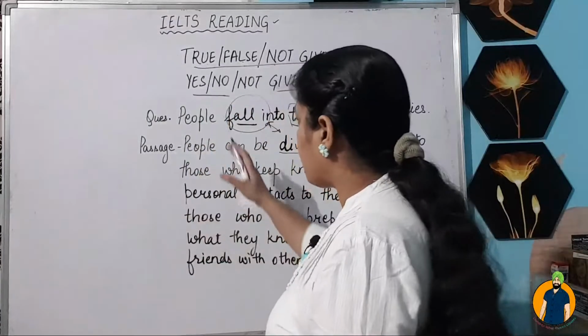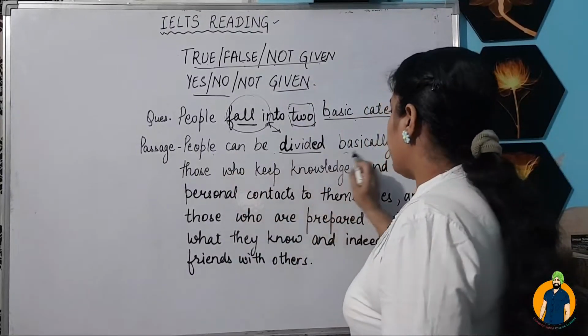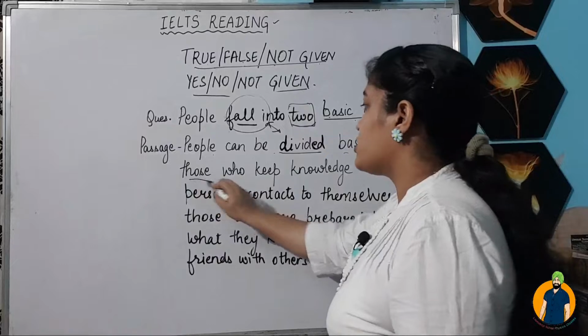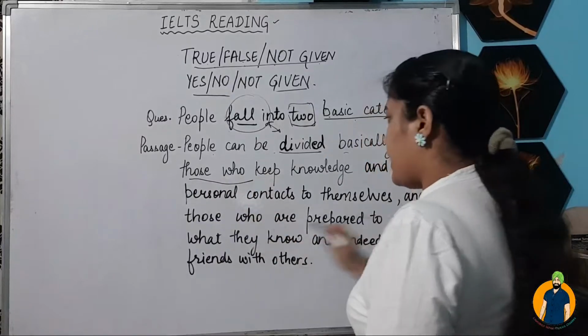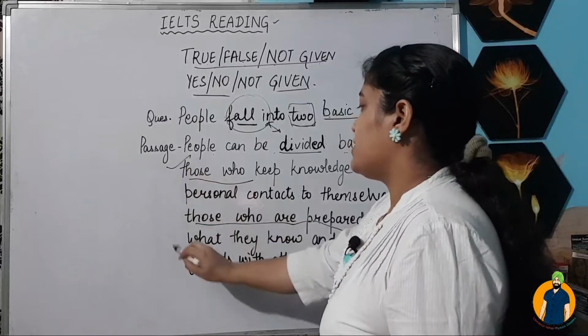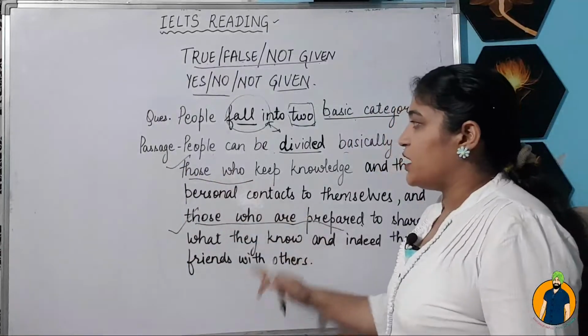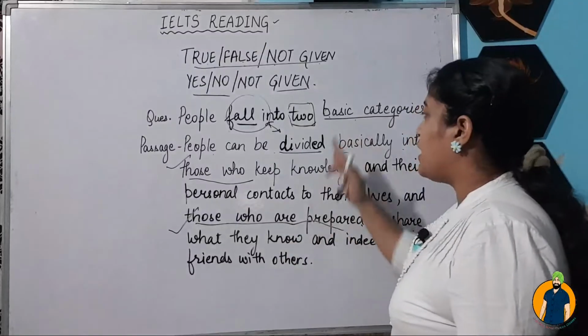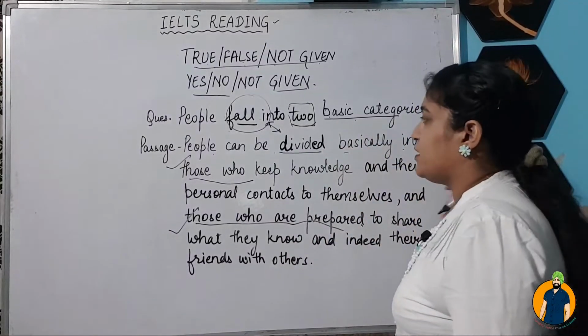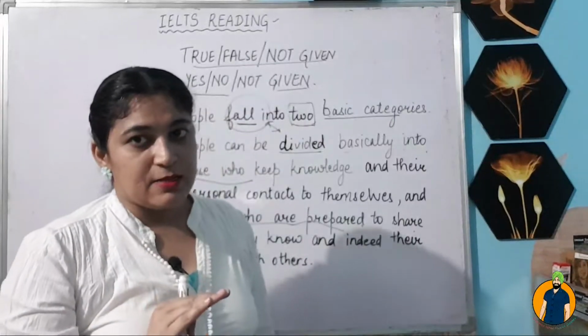But if we look properly at the passage, people can be divided basically into those, and those who are prepared. It means this is the first type and this is the second type. In the passage it is given indirectly that people are divided into two basic categories. So our answer will be Yes.